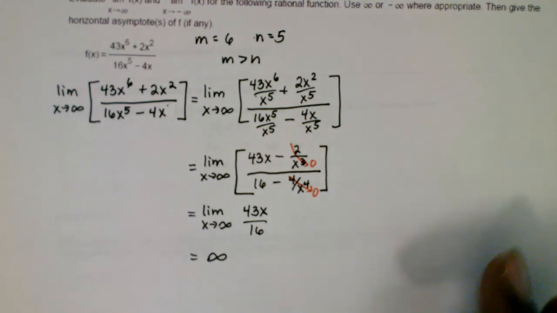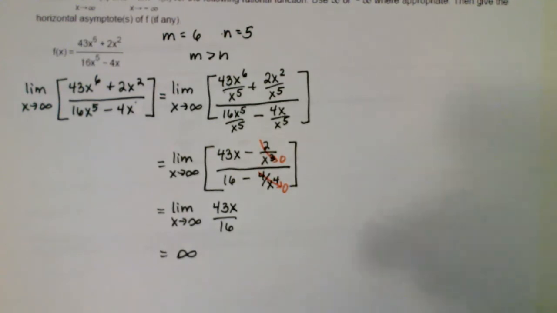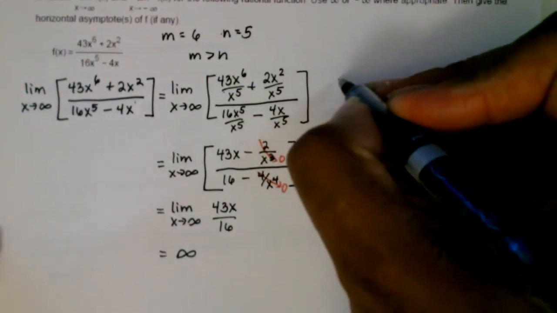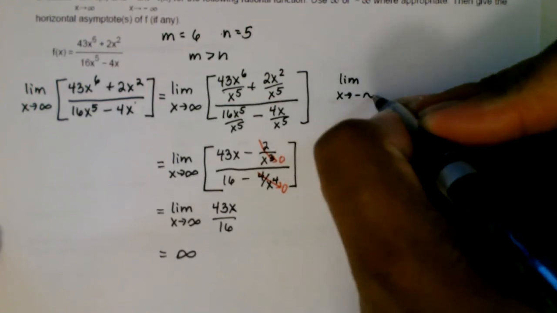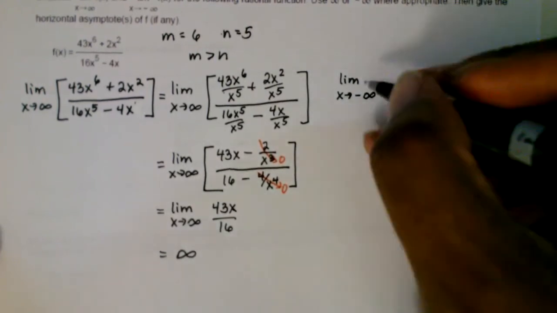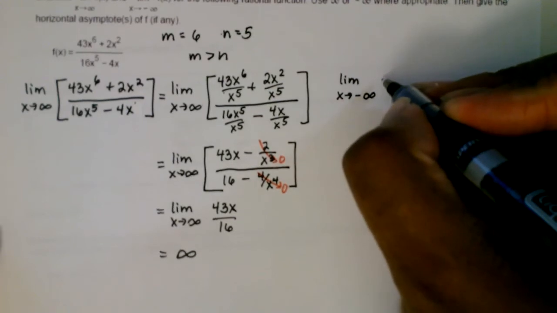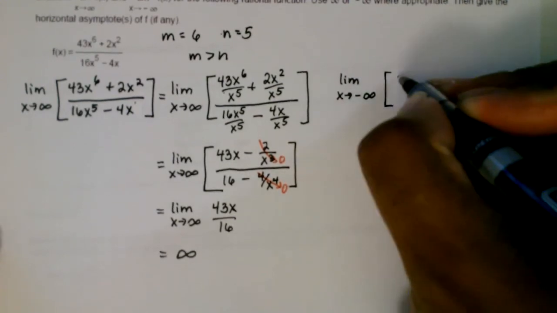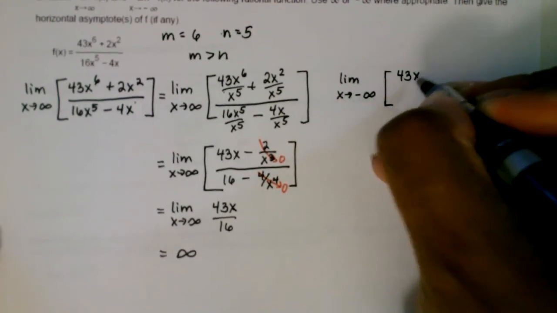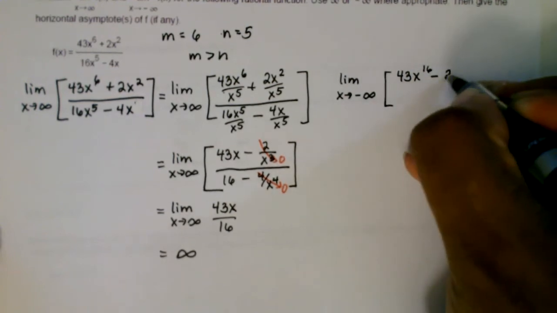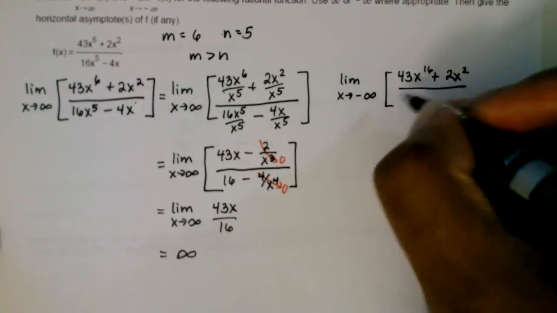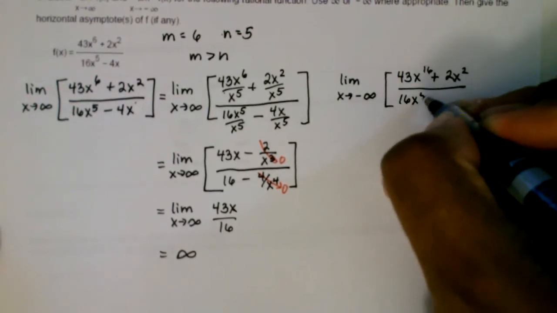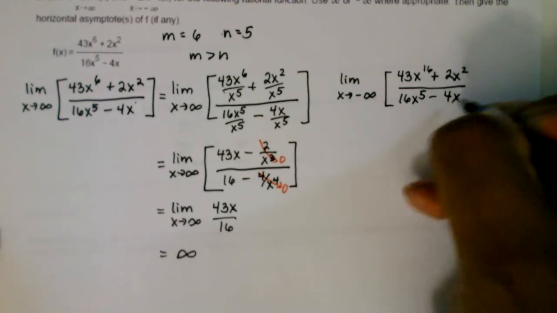Okay. Now, what about when we let x go to negative infinity? To the right of that, I'm going to do the limit as x approaches negative infinity of that same function, f of x, which is 43x to the 6th plus 2x squared, all divided by 16x to the 5th minus 4x.